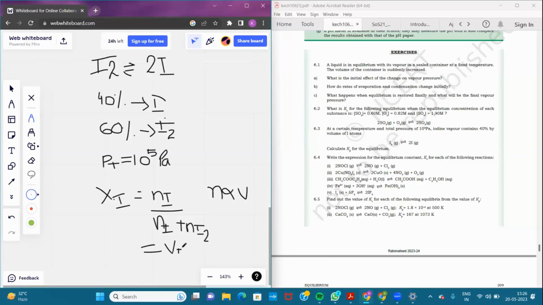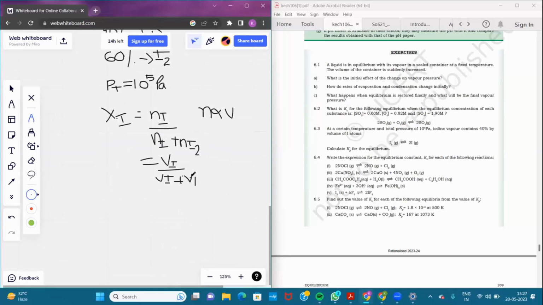Volume of iodine atoms by volume of iodine atoms plus volume of I2. As per the given question, volume of iodine atoms is 40%. So the mole fraction would be 40 by 100. Therefore, the mole fraction is 0.4.